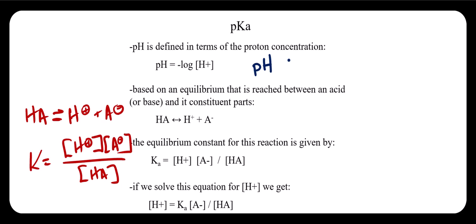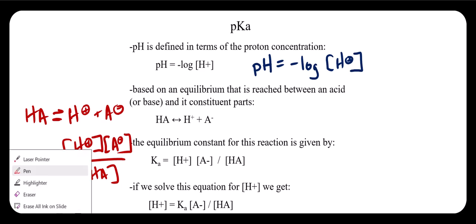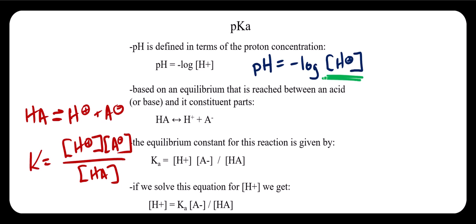Well, what is pH? And I know you've calculated this a million times in general chemistry, so we're not going to do it. But pH is the negative log of the molar hydrogen ion concentration. So pH is a function of the hydrogen ion concentration.